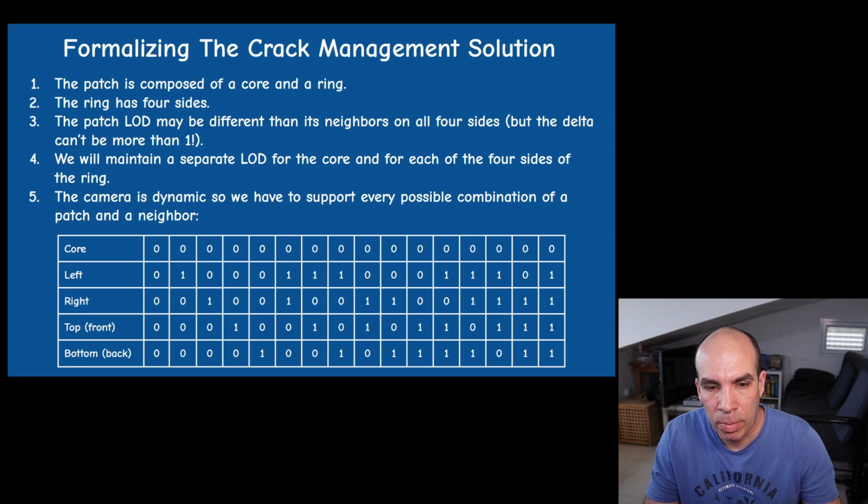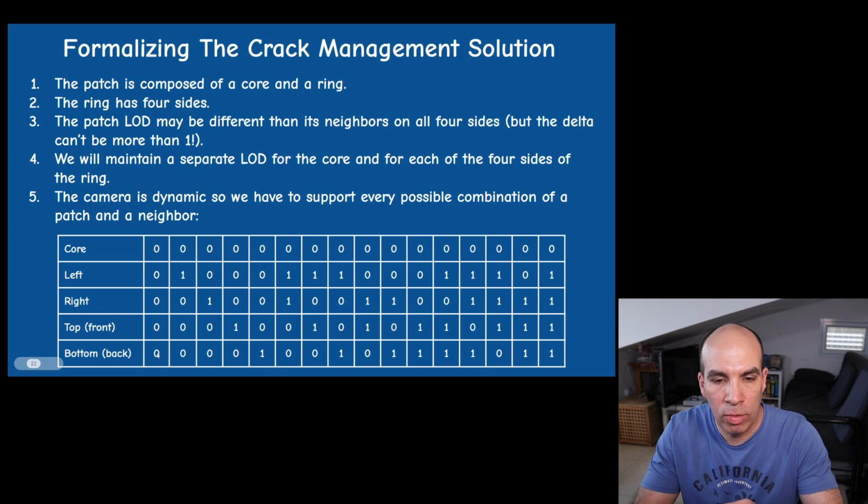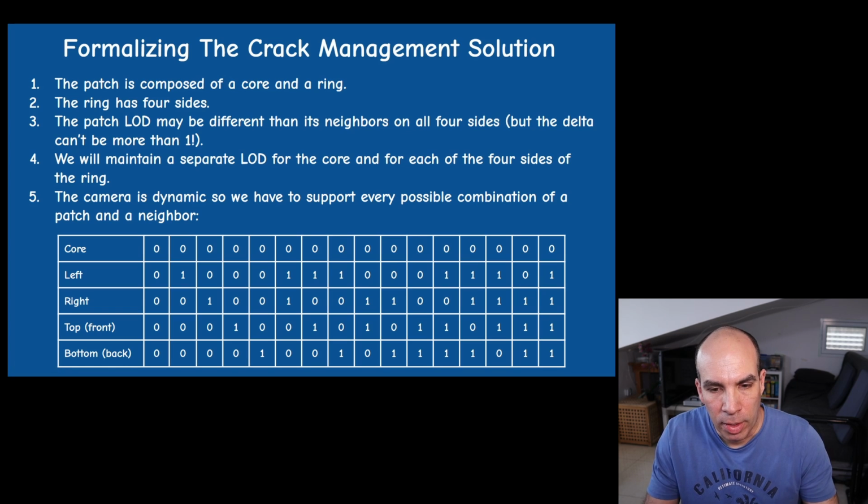Okay, so for example, if our core is on LOD 0, the first combination is where the core and the entire ring is on LOD 0, and this means that the patch is surrounded by LOD 0. Another case is the core is LOD 0, but the left-hand side is 1 and the rest are 0.